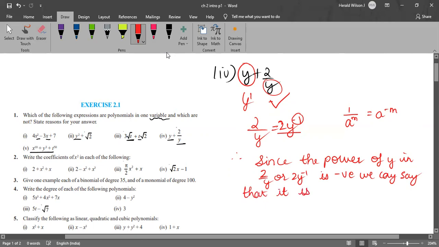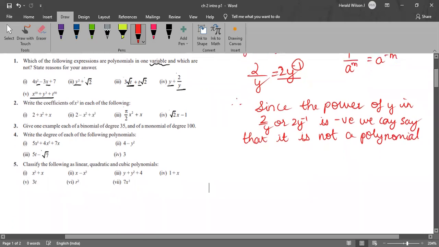Okay, fine. So now let's move on to the fifth question, or the fifth part, whatever you want to call it. Then now x raised to the power of 10 plus y raised to the power of 3 plus t raised to the power of 50.